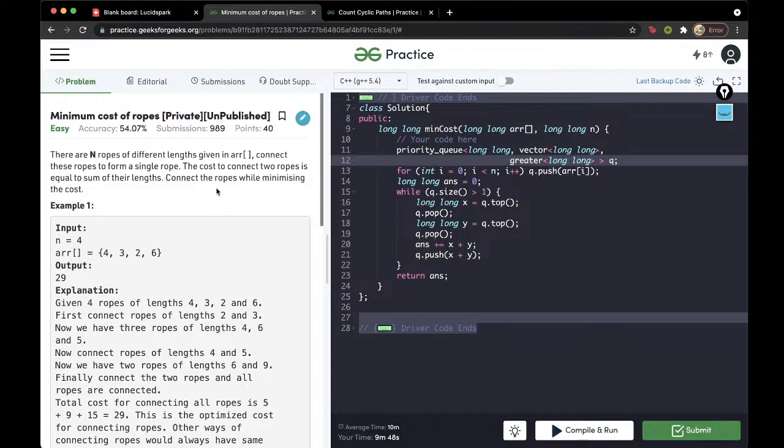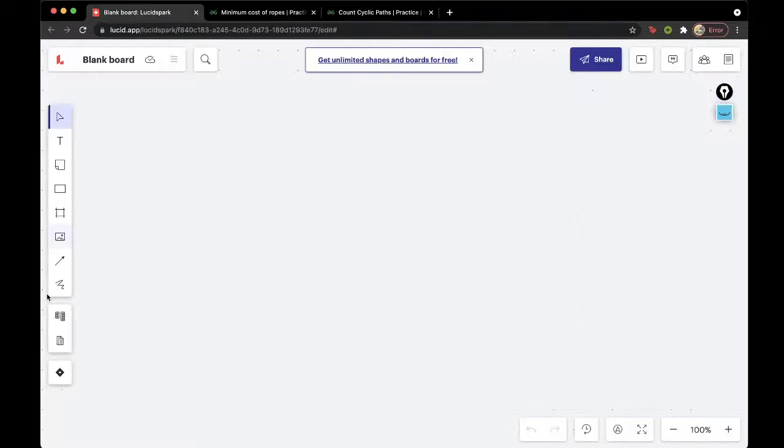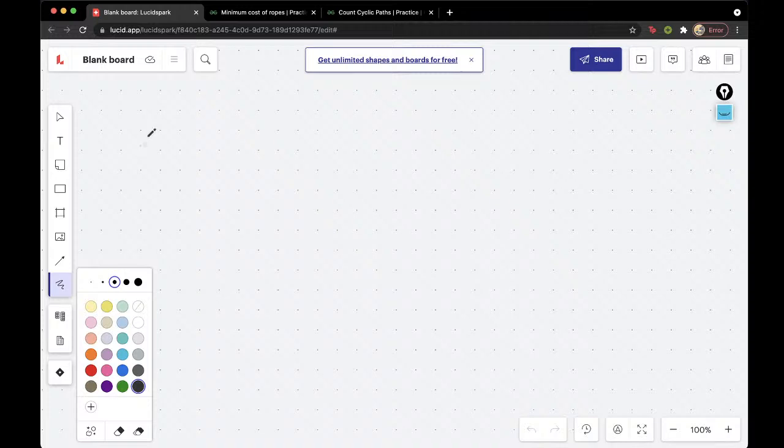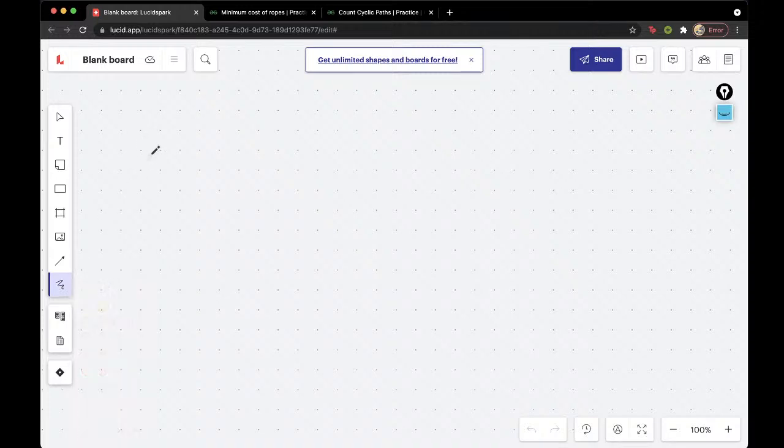The problem states that you will be given n ropes of varying sizes, and at each step you can combine two ropes. Suppose the lengths of the initial ropes were a of x and a of y.